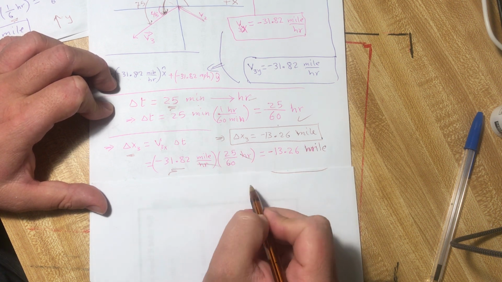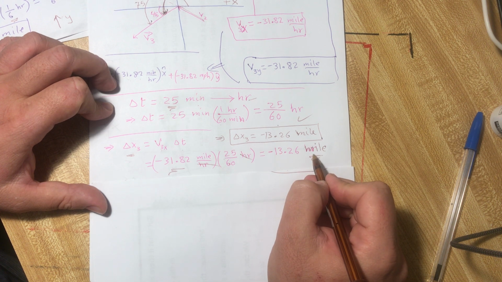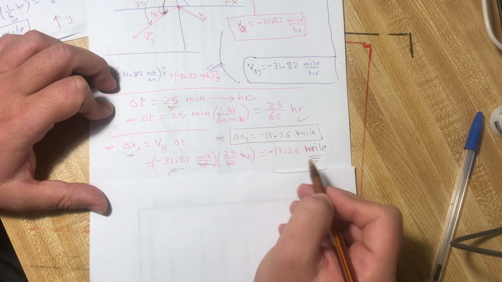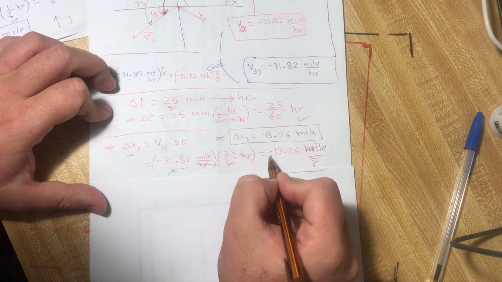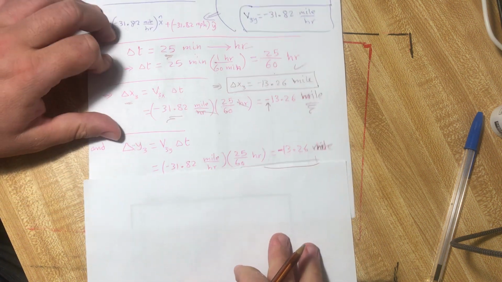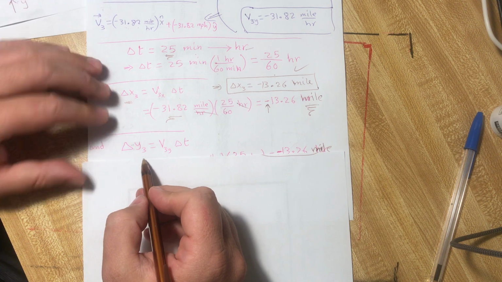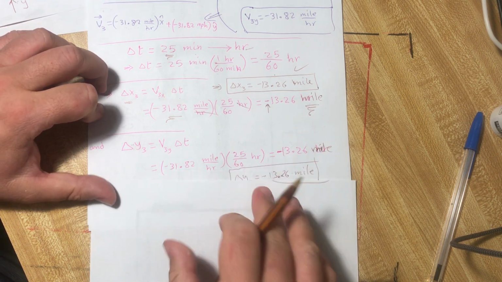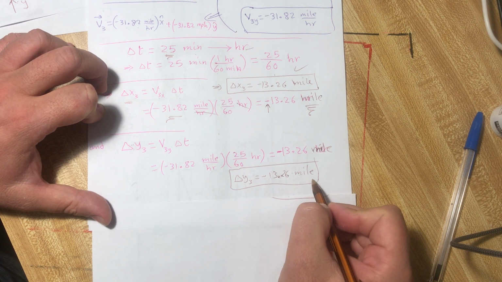Hour will cancel with hour, and the final unit is miles, which is negative 13.26 miles in the negative x direction. Also the same for the y position, the change in position in the y direction for the third stage. It will also be negative 13.26 miles.